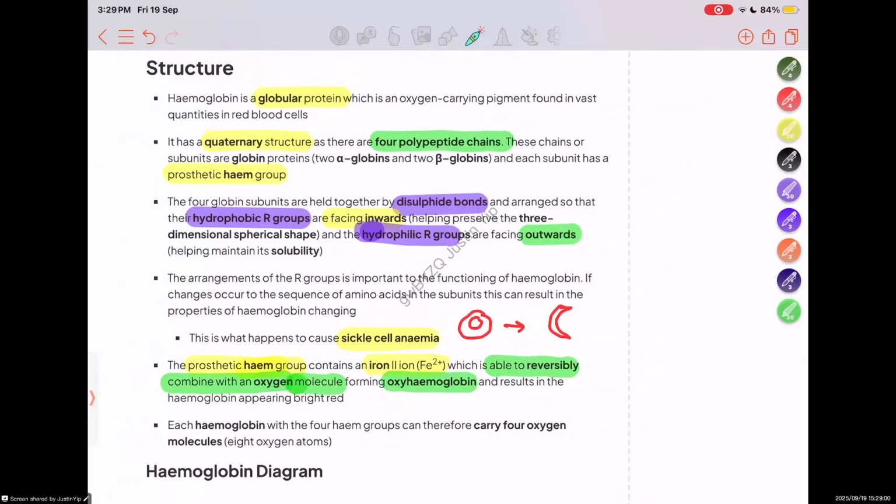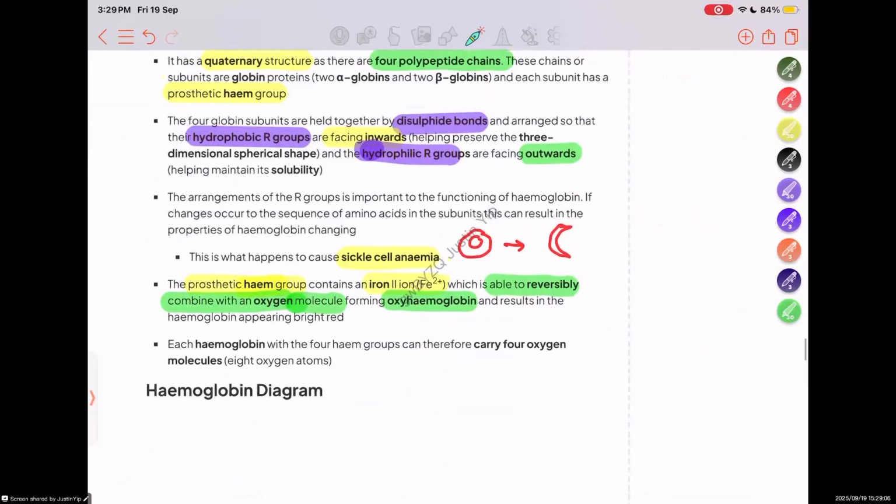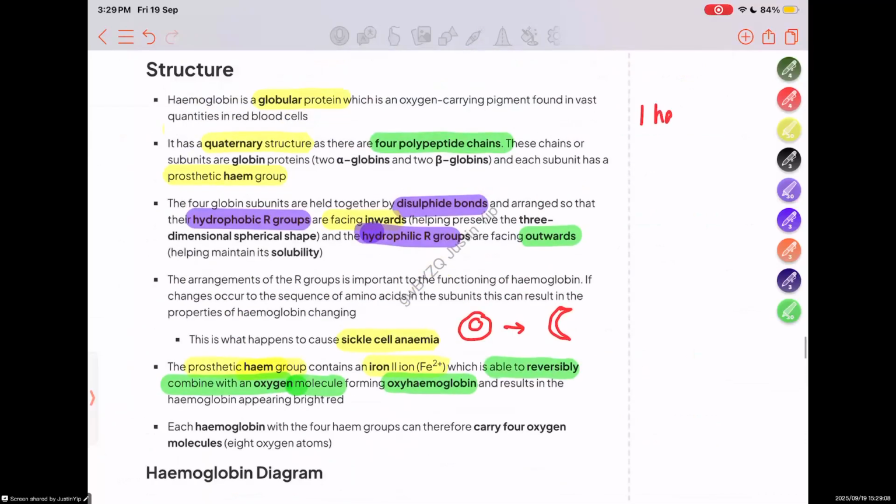Okay, I do a summary first. So you see, one hemoglobin has 4 polypeptide chains, 2 alpha, 2 beta.